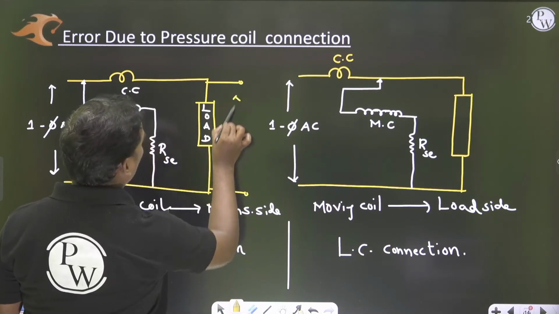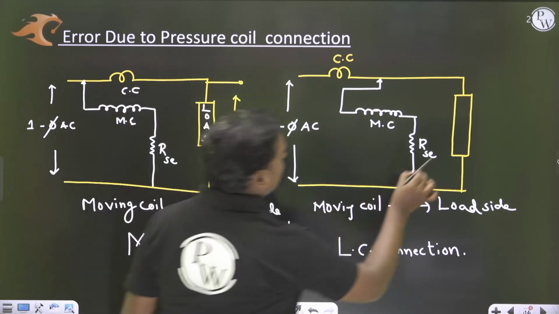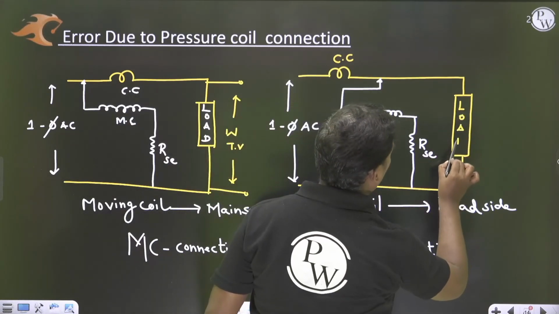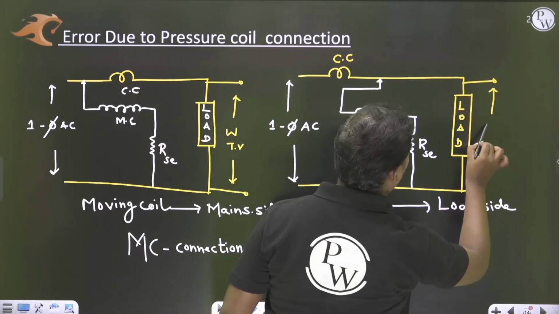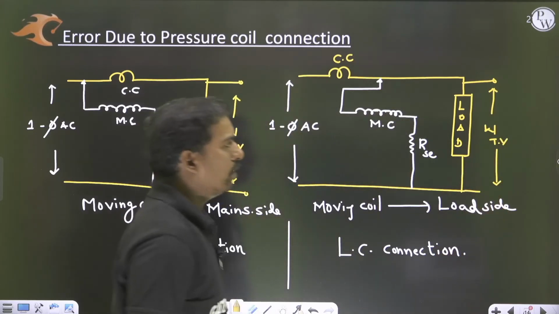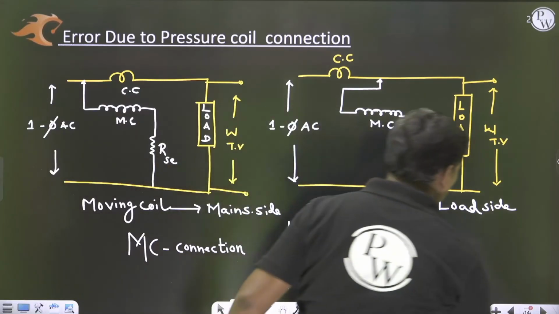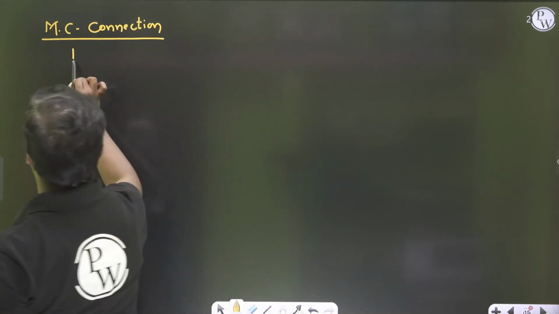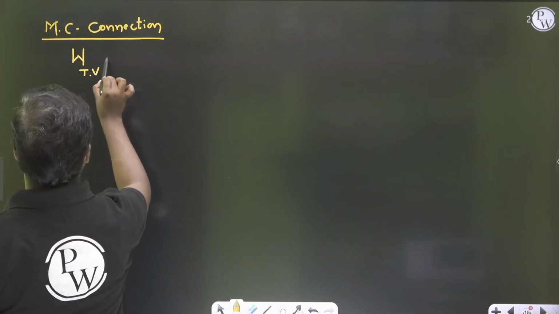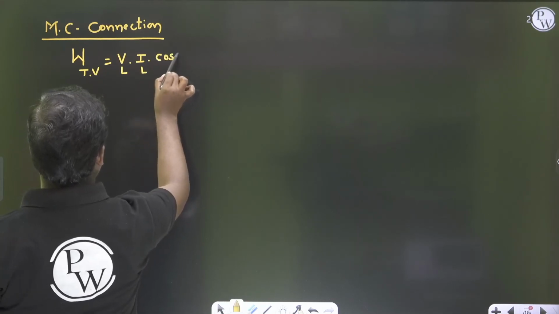Always the power consumed across the load is the true value. So the true value we can take as VL cos phi, that everybody knows.